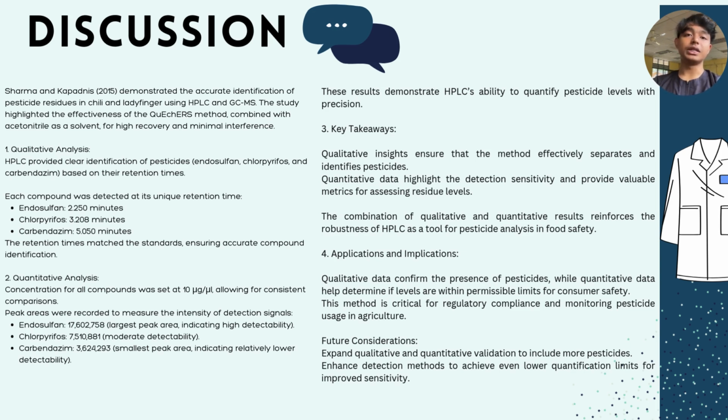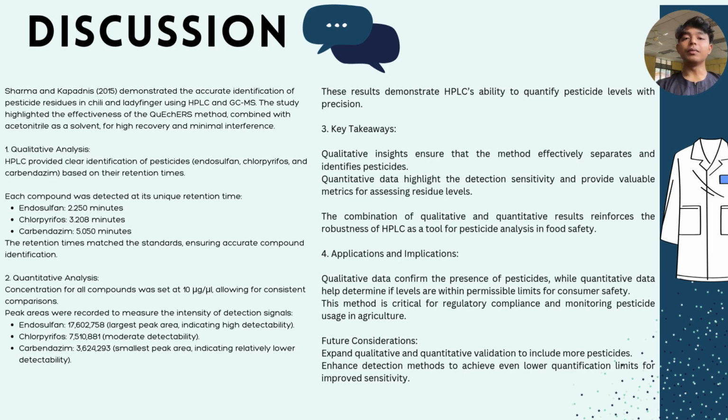And lastly, the carbendazim had the smallest peak area at 3,624,293, indicating lower detectability. This result demonstrates that HPLC is highly effective for separating and quantifying pesticide residues. Both qualitative and quantitative data confirm the reliability of HPLC for food safety assessment.